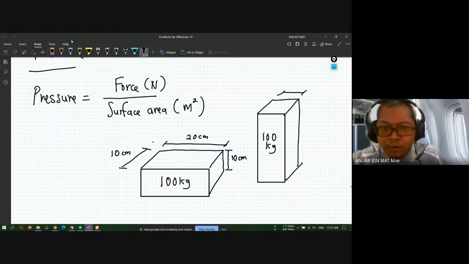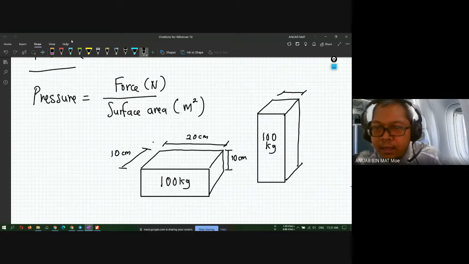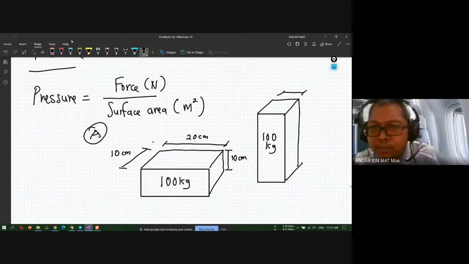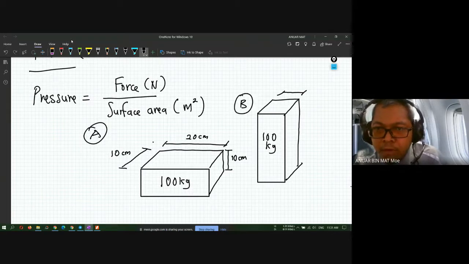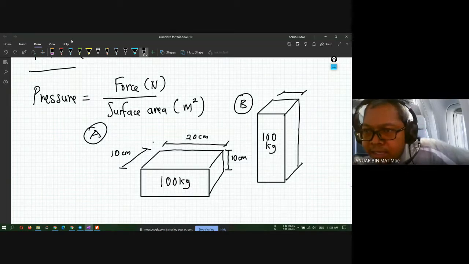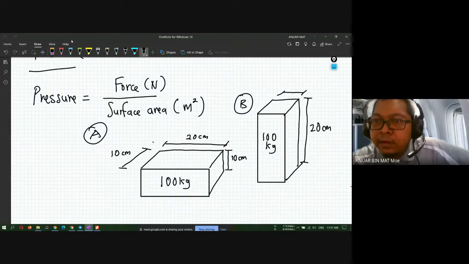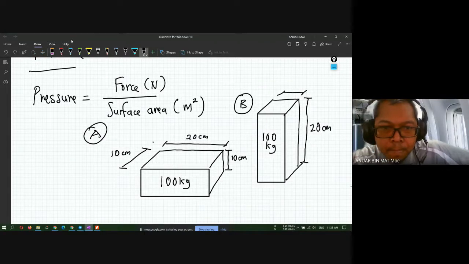Okay, this is object A, and then this is object B. For object B, what is the height of it? I said identical, right? So this is also 20 centimeter. And what is the width? 10 centimeter.